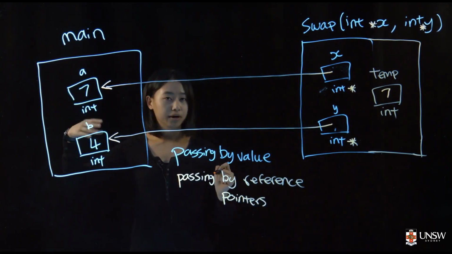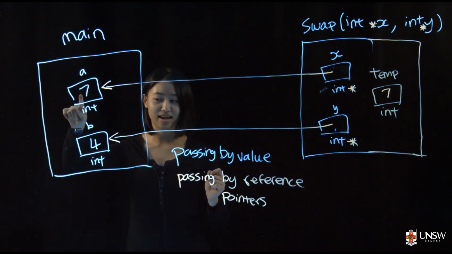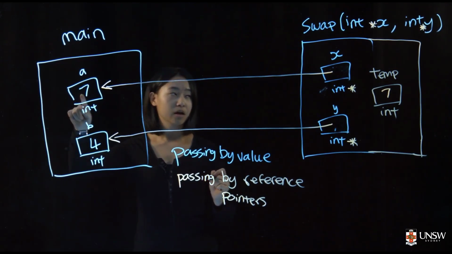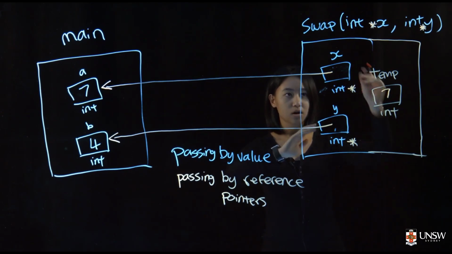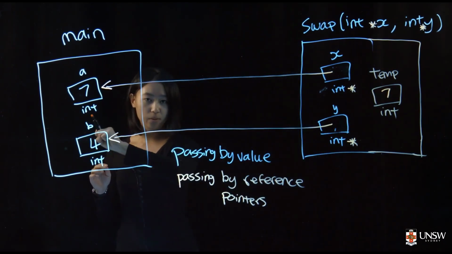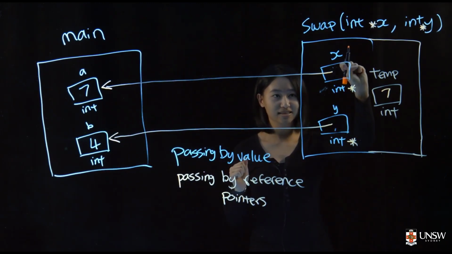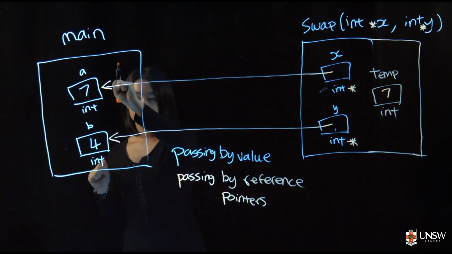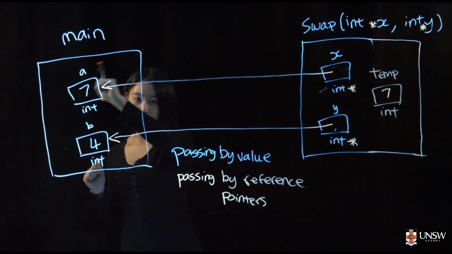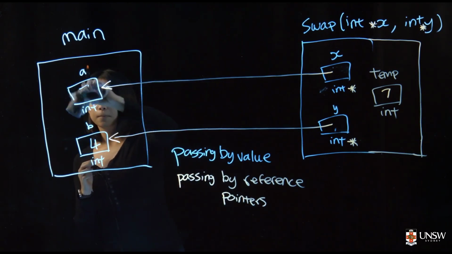Now, our whole point is to swap the values of a and b, so we now want this 7 in a to actually be a 4. So when we're in our swap function, we need to go to y, go to where that points to, grab a copy of the value that lives there, come back, go to our variable x, go to where it points to, and replace the value there with the one that we've been holding on to, which is 4.